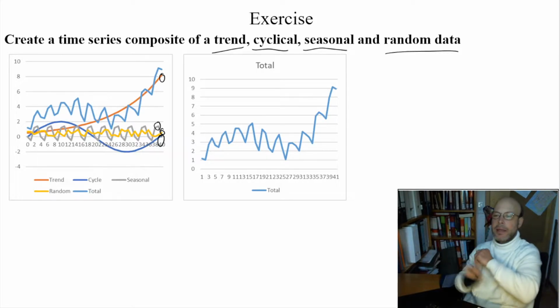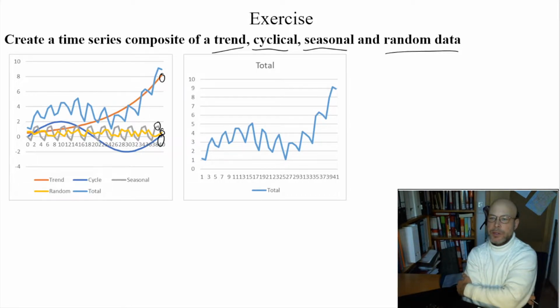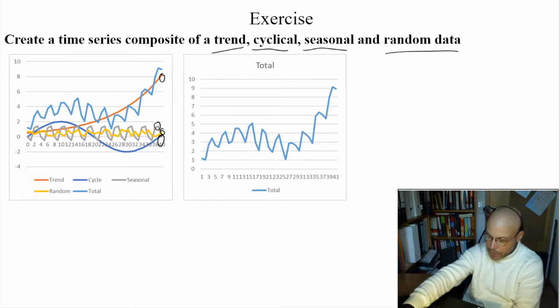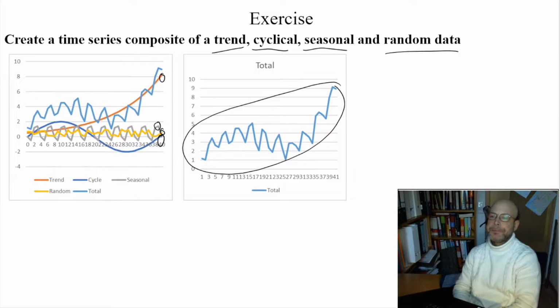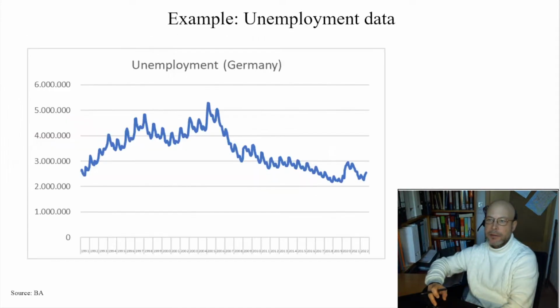And then in the end, when we just added up all these four components, we created this data set of a total development of maybe revenue, profit, or anything else you can economically think of.